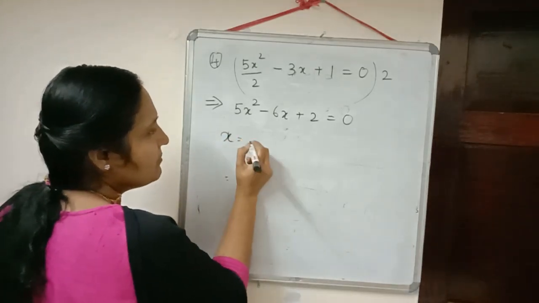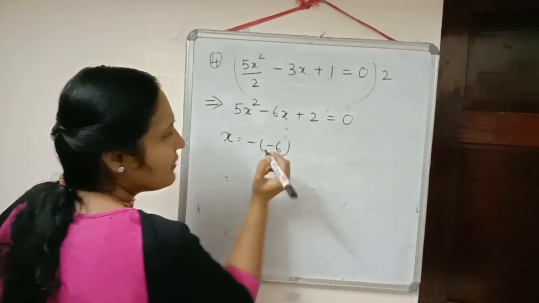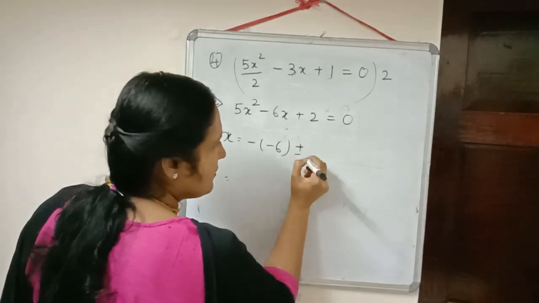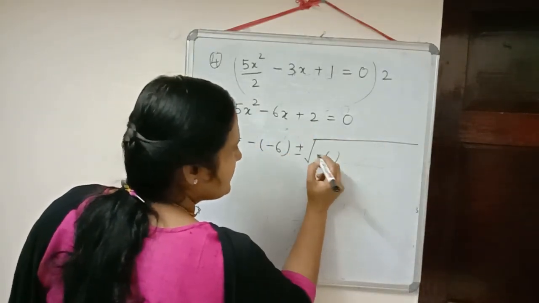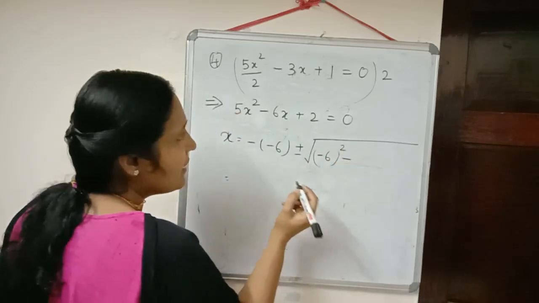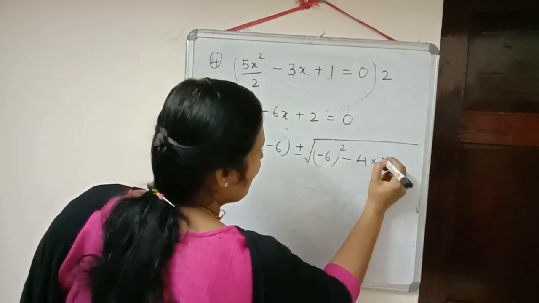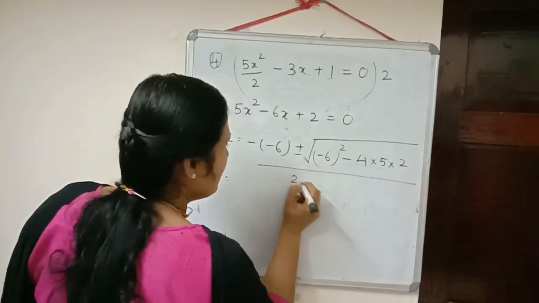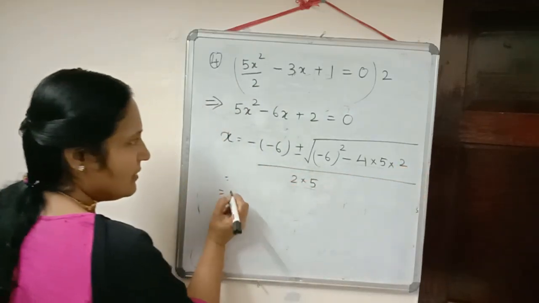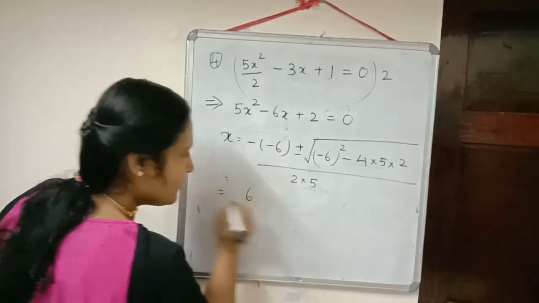x is equal to minus b. So minus of minus 6 plus or minus square root of b square, so minus 6 the whole square, minus 4ac, 4 into 5 into 2, by 2a, 2 into 5. Minus into minus will be equal to plus.